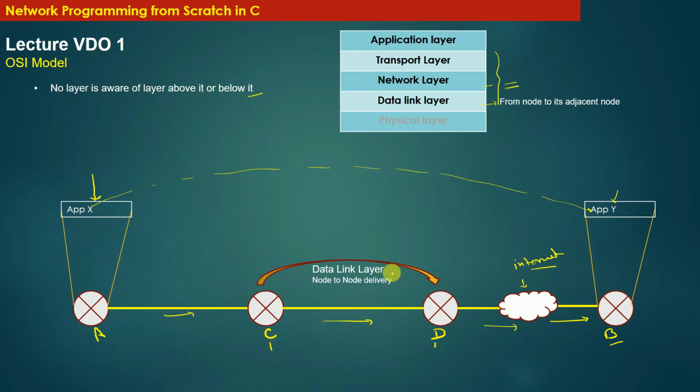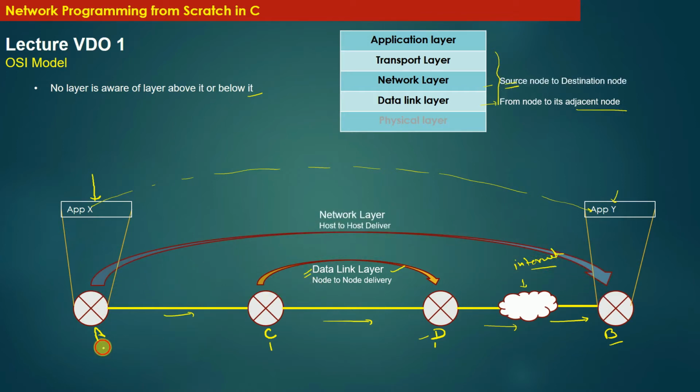The data link layer is associated with data transfer from a node C to its neighbor node D. The entire functionality of the data link layer is related to data transfer from a node to its adjacent node only, that is, from node C to D.